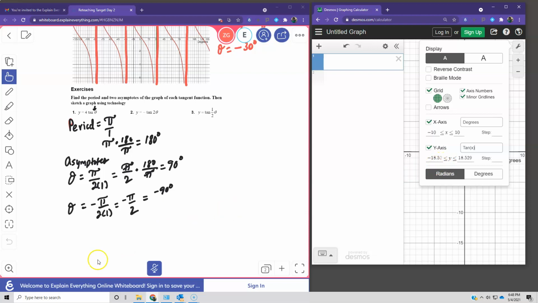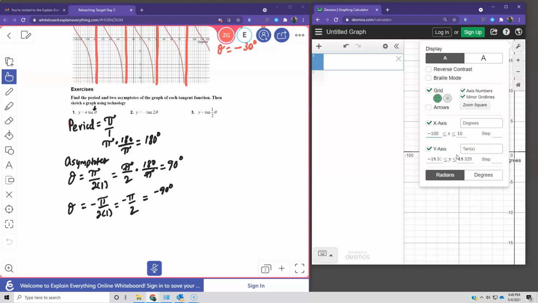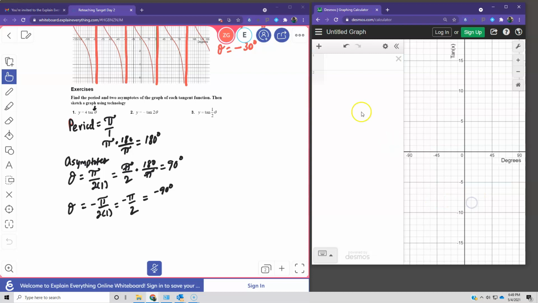I know I should go from negative 90, but I'm going to go to 100. And I'll probably go by 45 degrees. So now I have it in degrees.